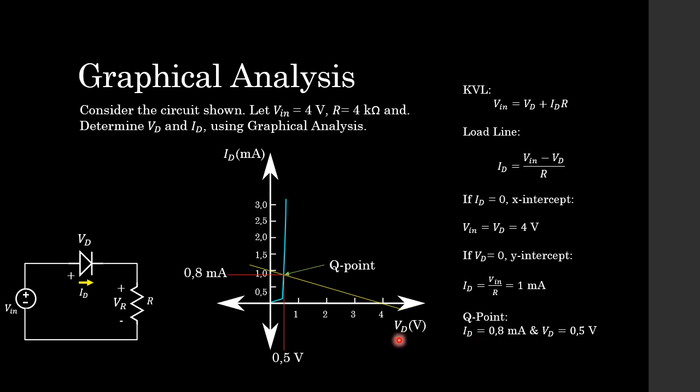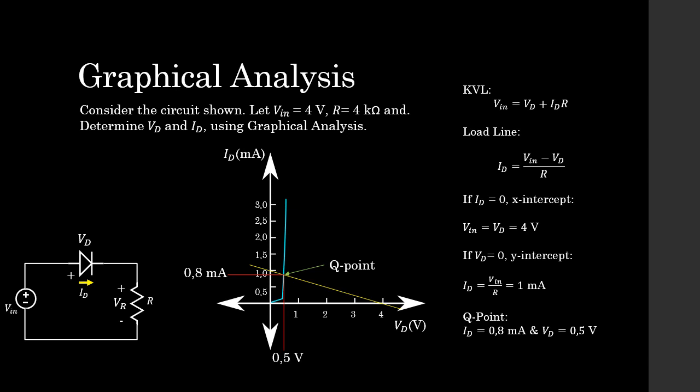So, students, this analysis only works if you have the diode characteristic curve, which is plotted on appropriate axes. Then you can get your load line from whatever circuit you're trying to solve, plot your load line, and the point at which it intersects the diode characteristic curve is the Q point, and from the Q point you can determine your diode current and voltage.